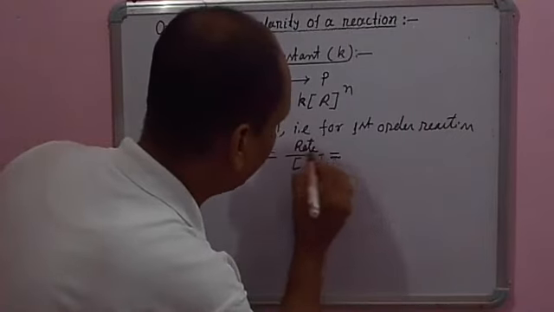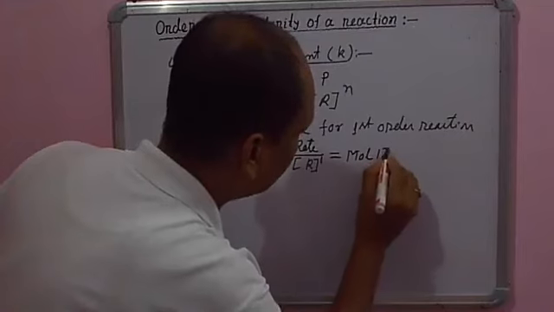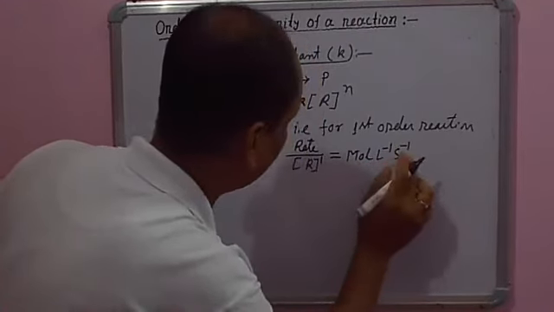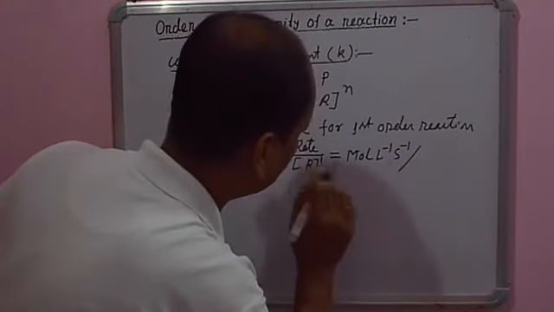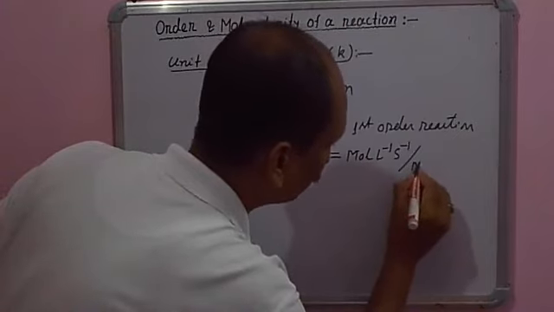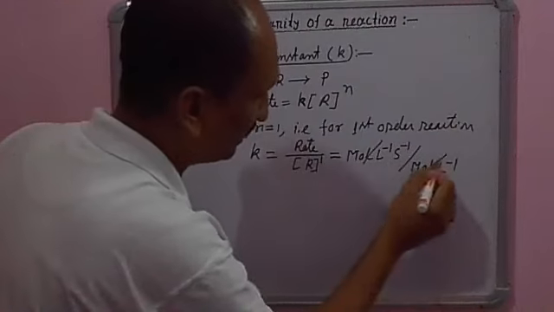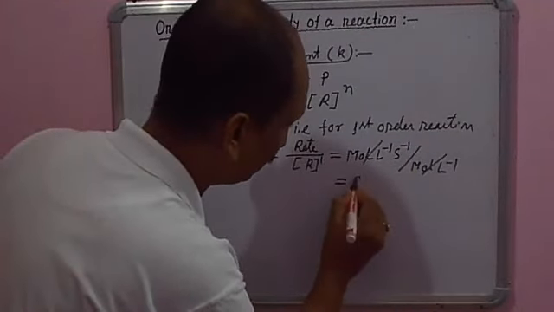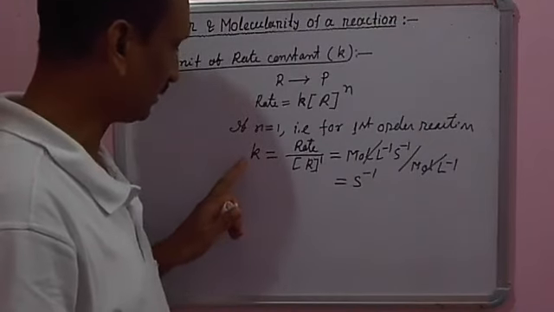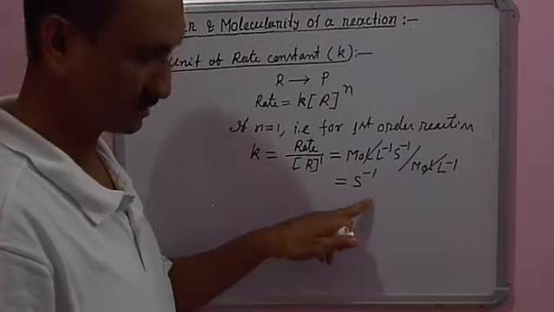So the unit of rate is mole per liter per second, that means mole liter inverse second inverse, divided by concentration of R. The unit of the R concentration is mole per liter. So mole per liter will be cancelled out, so that will be equal to second inverse. That means the unit of the rate constant K for first order reaction is second inverse.